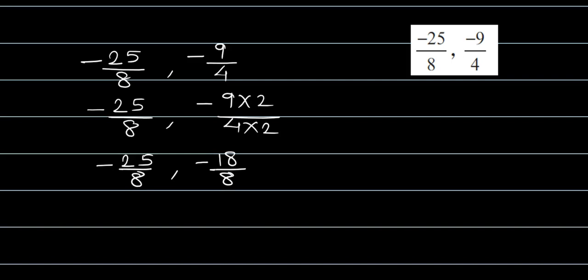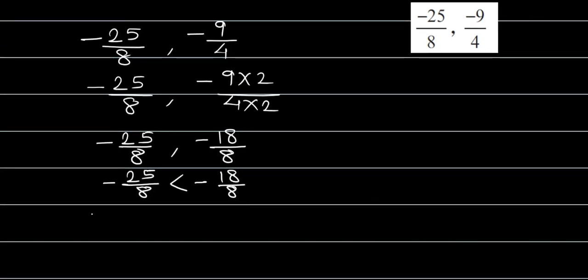Now in this case, minus 18 upon 8 is the greater one. Therefore, minus 25 upon 8 is less than minus 18 upon 8. Therefore, minus 25 upon 8 is less than minus 9 by 4.